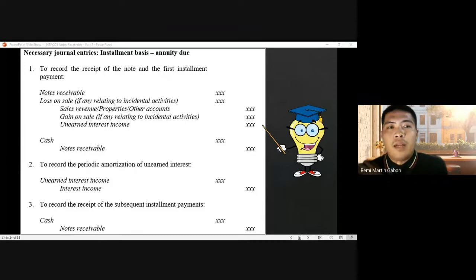Okay, for the advance payment. Then afterwards, we proceed with the recording of subsequent installment payments, debit to cash and credit to notes receivable. Then simultaneous recording of amortization of unearned interest. Okay? Debit unearned interest income and credit interest income based on the amortization schedules.